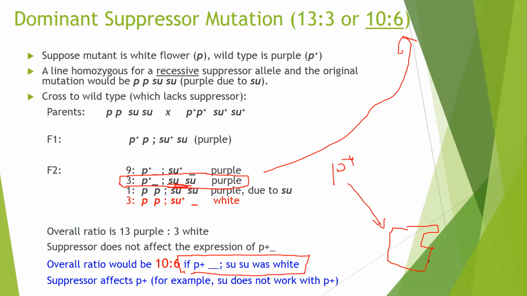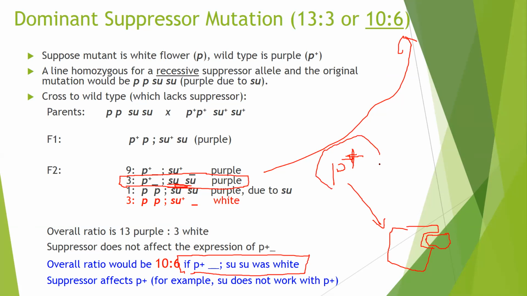It must be in a situation where there's an enzyme that combines with this product from this P plus to form an active protein complex, and then it will produce the purple pigment, to produce the wild type phenotype.